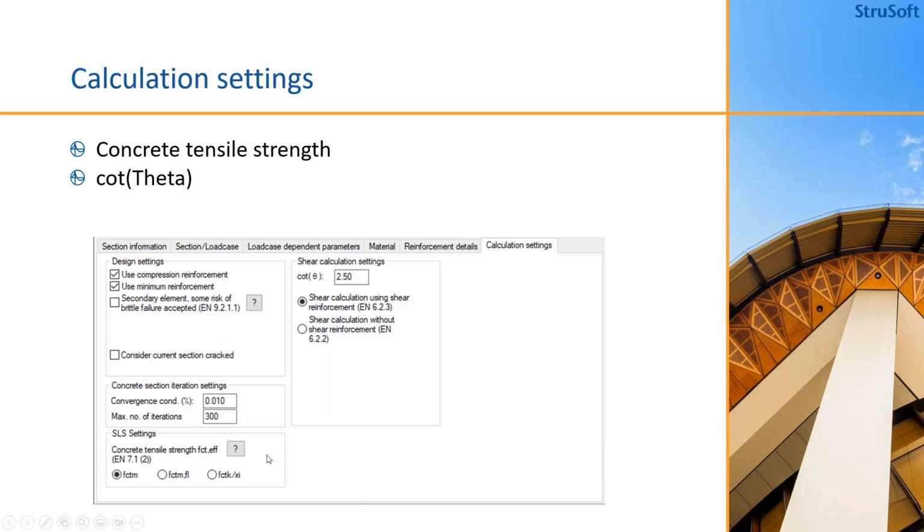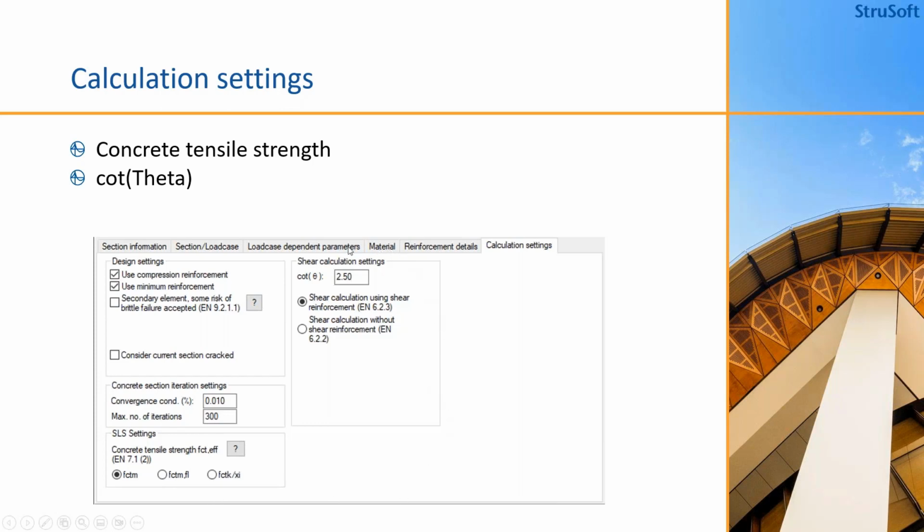As for the tensile strength of the concrete in the serviceability limit state, it is possible to set different values of the tensile strength here. And here on this picture, we can see the Swedish national annex, where they actually have 3 different types, while in normal Eurocode it is FCTM and FCTM FL.